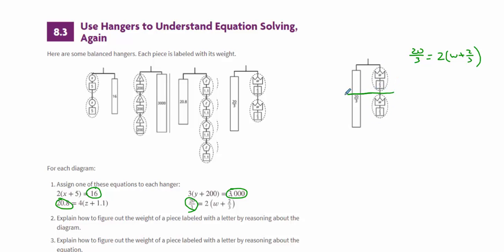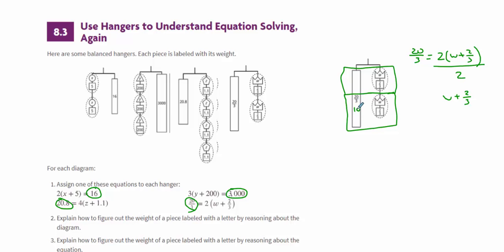I'm going to divide this into 2 equal groups. So now I have w plus 2/3 is equal to 20/3 divided by 2.